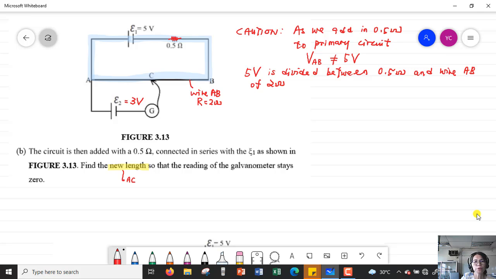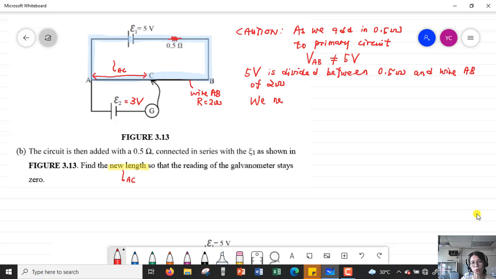So to find the new length, untuk dapatkan length yang baru LAC yang mana voltage dia setara dengan 3 volt E2 dekat bawah ni. So kita perlu dapatkan semula berapa voltage across wire AB ni. Kita perlu dapatkan voltage for the whole wire first.